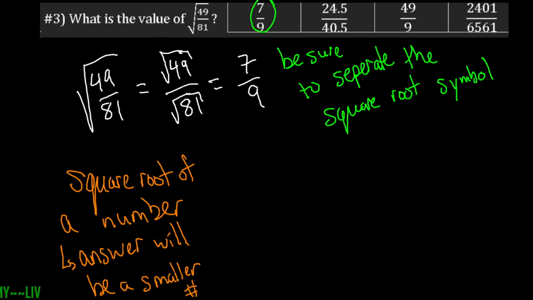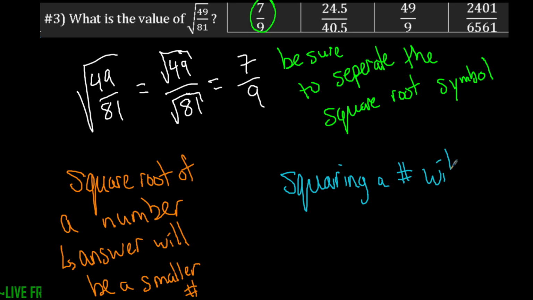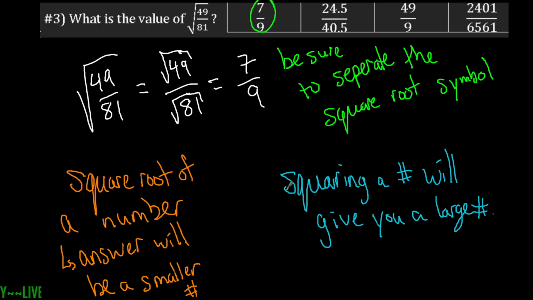When you are talking about the square of a number, so squaring a number will give you a larger number. So just make sure that you're seeing the differences between these two.